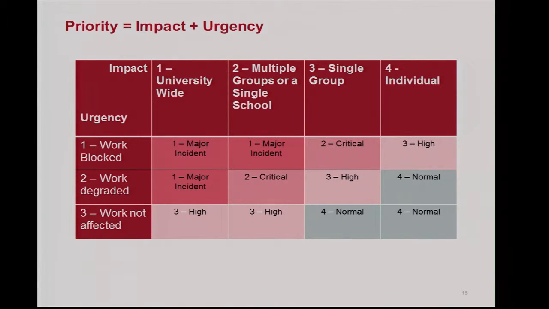So the impact and urgency give us a priority. Priority goes from a low of normal to a high of major incident. Now, if you correctly input the impact and the urgency and get a result of a major incident in the ticket, we want you to save that ticket and call the major incident hotline on the back of the trifold, because that's a general alarm fire.